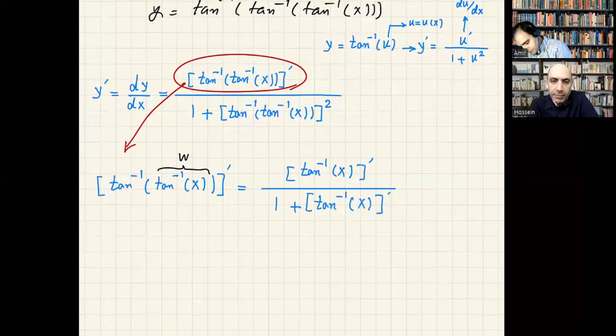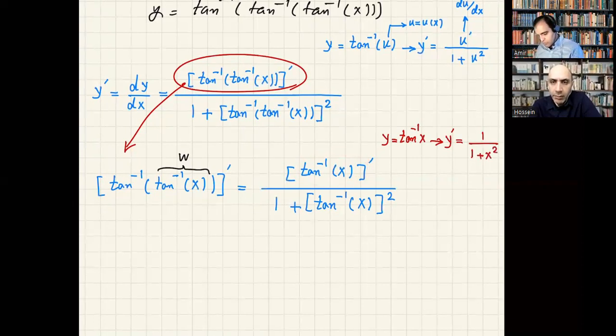The numerator is simple because we know that when y is arctangent of x, y prime is 1 divided by 1 plus x squared.